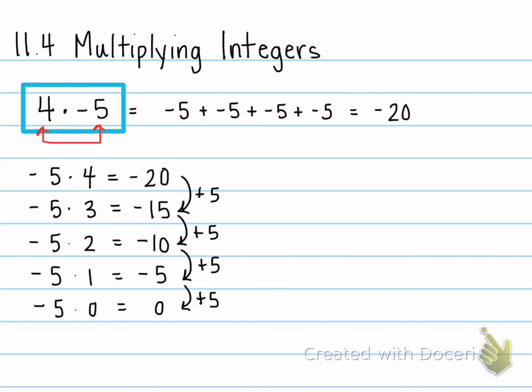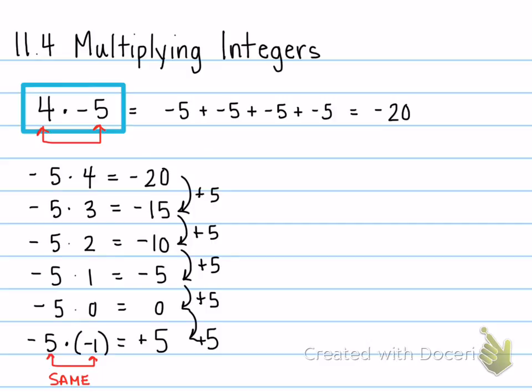And now, when I get to -5 times -1, the pattern would state, if I add another 5, the answer would be +5, if you continue the pattern for the answers. So now, when my signs are different, they turned out negative. In this one, when the signs are the same, my answer turned out positive.